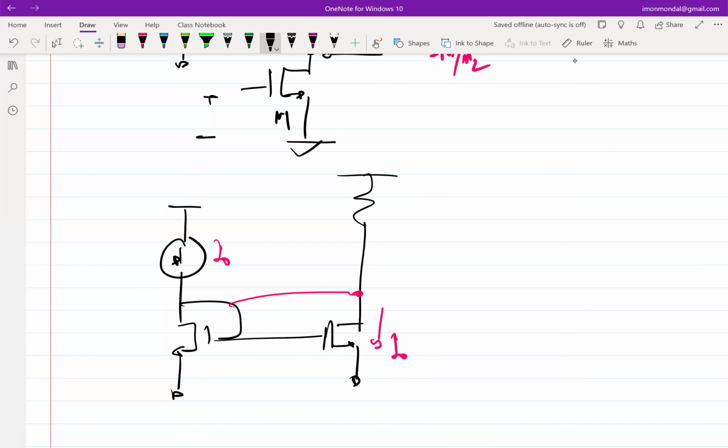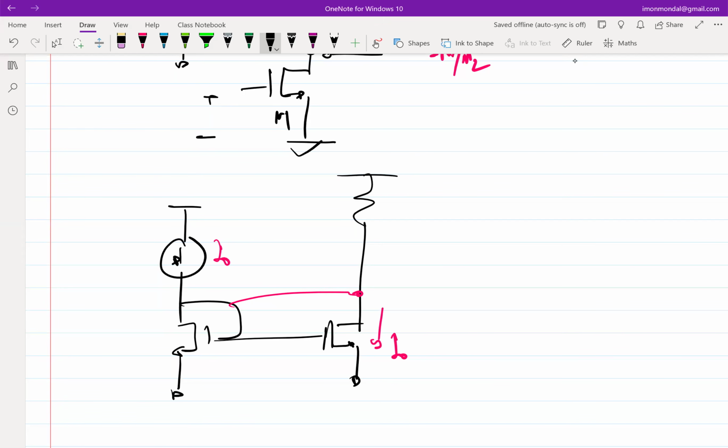Another way of thinking about it is, if I change the voltage here, its current is going to change by a lot, because the gate has a dominant influence. The gate and the source have a dominant influence over the transistor current, which means that if this voltage changes, this current is going to change by a lot. So connecting these two, even though VGS and VDS are indeed the same, doesn't solve the purpose.